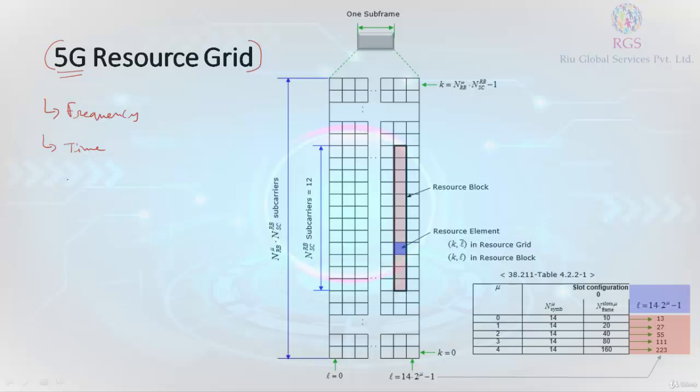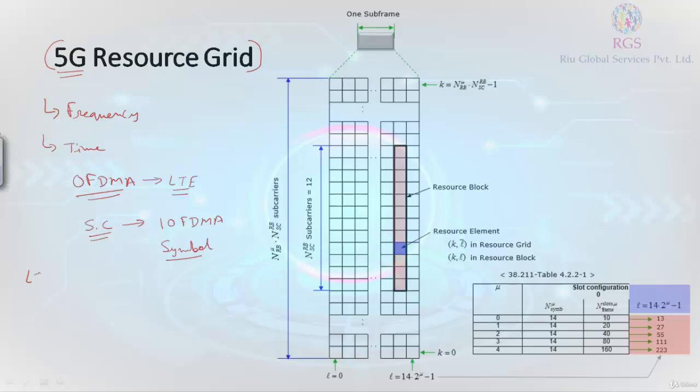I'm sure you are aware that 5G is also based on OFDM, a type of multiplexing or multiple access scheme, similar to what we had in LTE. In OFDM, we divide the overall spectrum into small subcarriers, and the smallest subcarrier is considered one OFDM symbol.